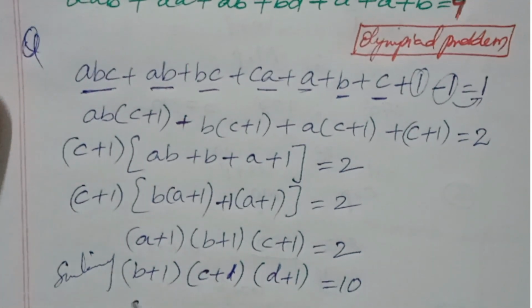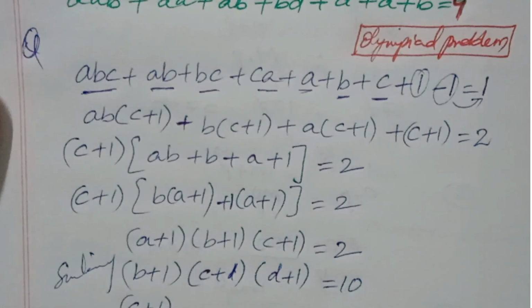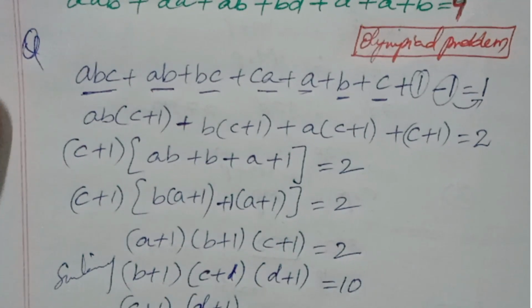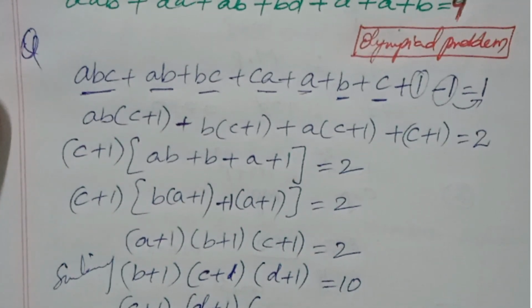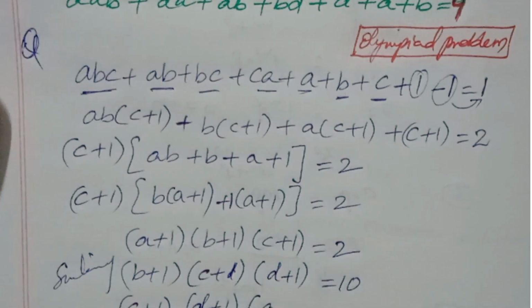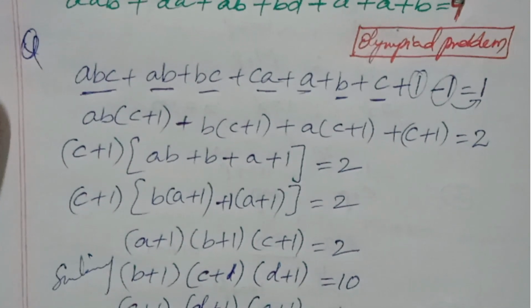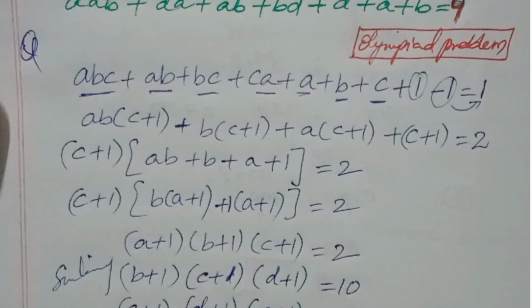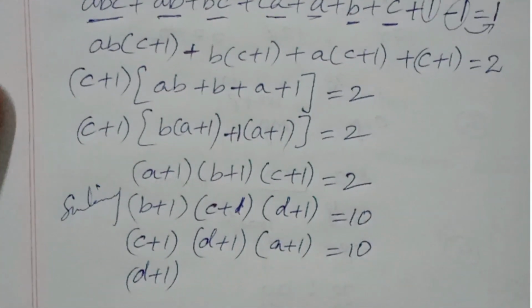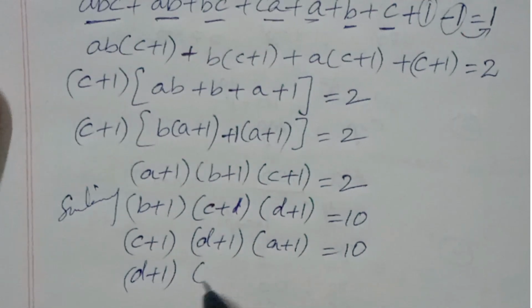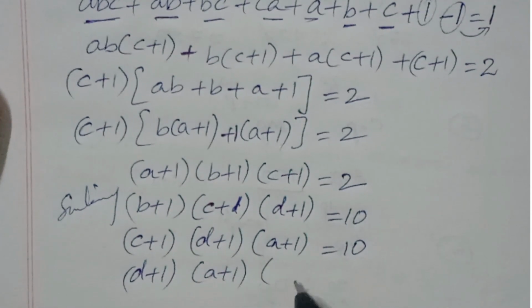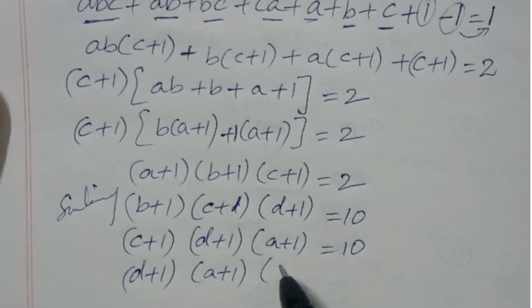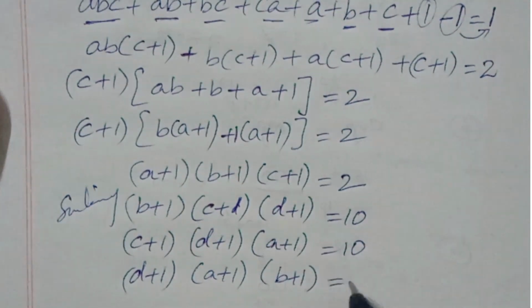Next one, (c + 1)(d + 1)(a + 1) is equal to 10. Next one, (d + 1)(a + 1)(b + 1) is equal to 10.